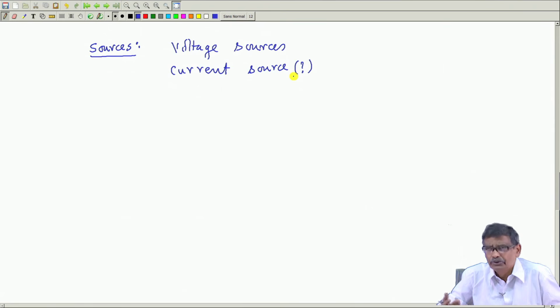Voltage source we are used to, things started with voltage source. There was battery, then people started thinking it is only voltage source, generate voltage to get power. So, rotating machines and all these things are in general voltage sources.